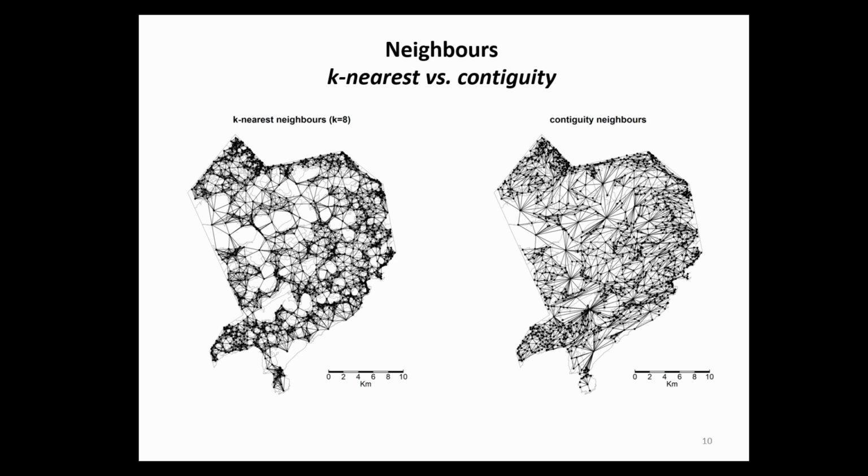So it might be that we are analyzing the autocorrelation between two areas that in fact are the same area. So I decided to use k nearest neighbors, and in this case I set k to 8, because the average number of neighbors for contiguity neighbors was nearly 6. So I wanted to go over the average number of neighbors.